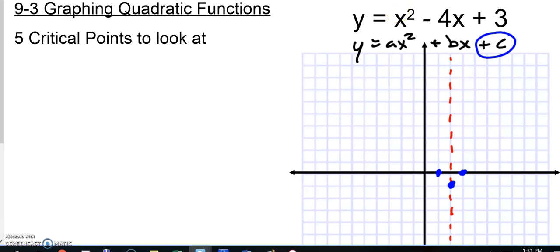So if I did plug in 0 here, 0 to the second is 0, minus 4 times 0 is 0, plus 3 is 3. So (0, 3) is my y-intercept, and that would be mirrored across my axis, and I get a parabola. Not drawn very well, but that's how we graph them. So that's when we find those 5 critical points.